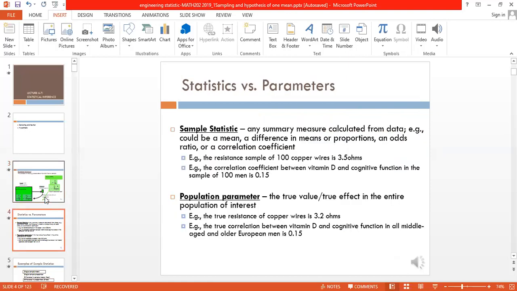I have a few examples here. Sample statistics are summary measures calculated from sample data.